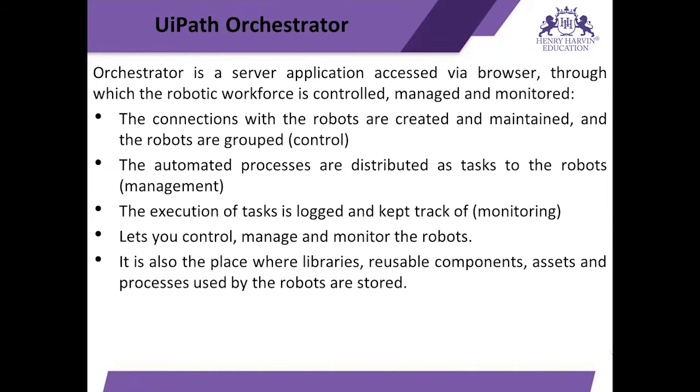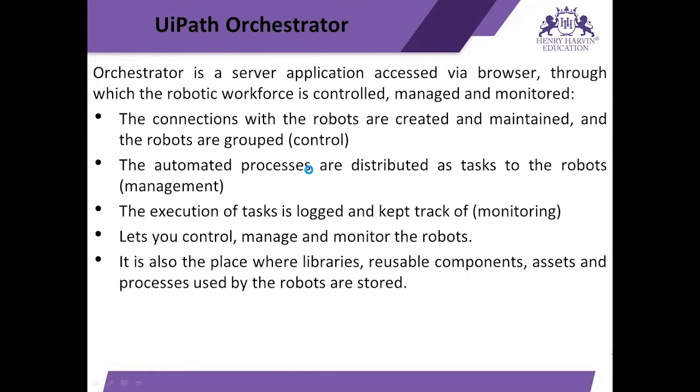So the second main component of UiPath is UiPath Orchestrator. Orchestrator is like a server application. It is accessed via browser, through which the robotic workforce is controlled, managed, and monitored. Let us talk about a few more things about Orchestrator. The connections with the robots are created and maintained, and the robots are grouped using Orchestrator.